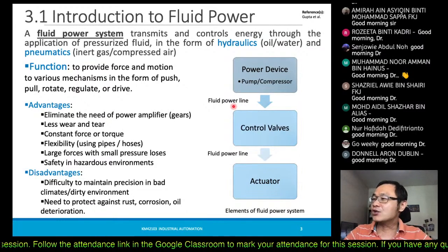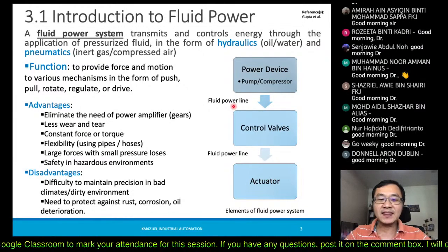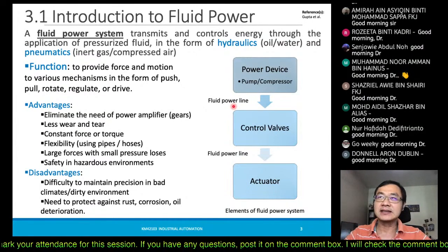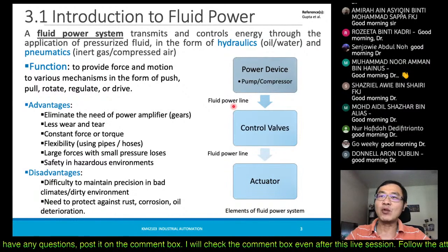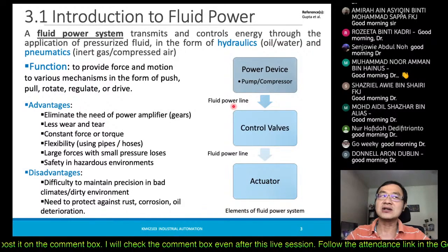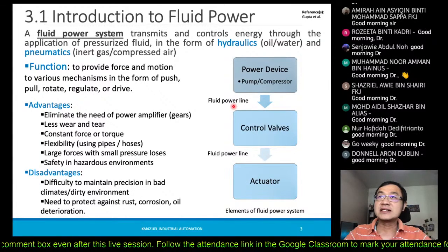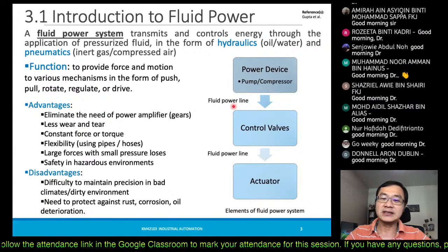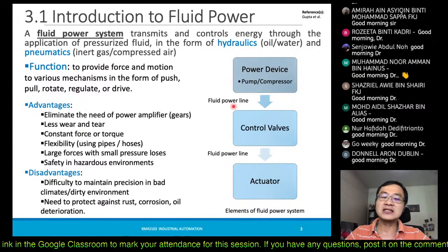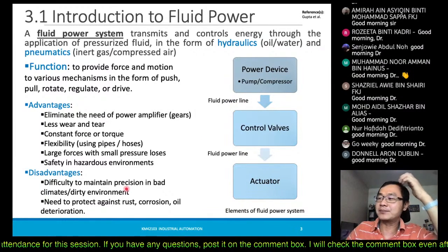For sure, there are also disadvantages, like if you really want very precise control in a dirty environment, with dust or maybe other debris coming into the machines, then this will make it difficult for you to maintain the precision.